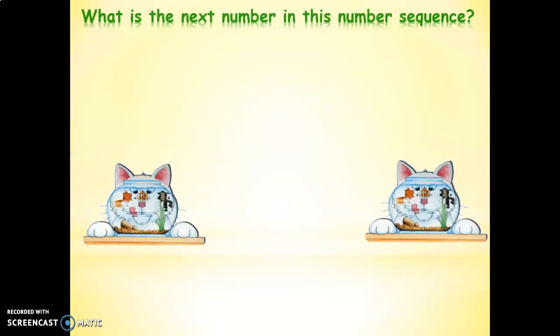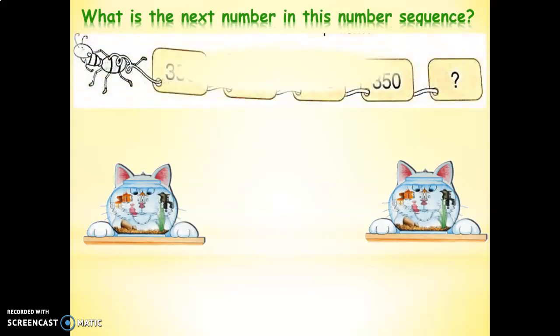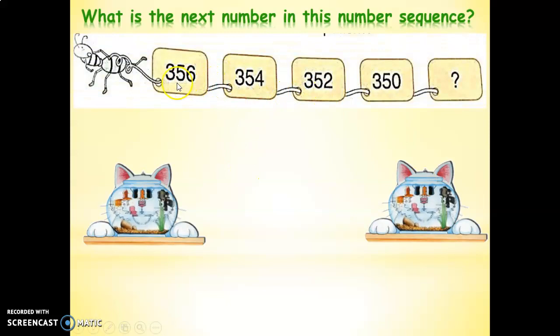Now, for the next part, what do you think is the next number in this number sequence? So, the first number is 356. Now, it becomes 354, 352, 350, and we have a missing number.